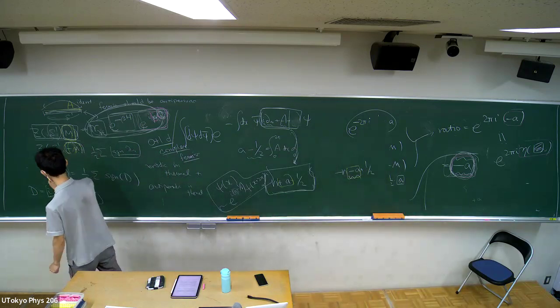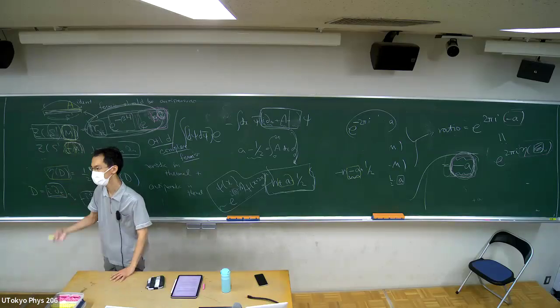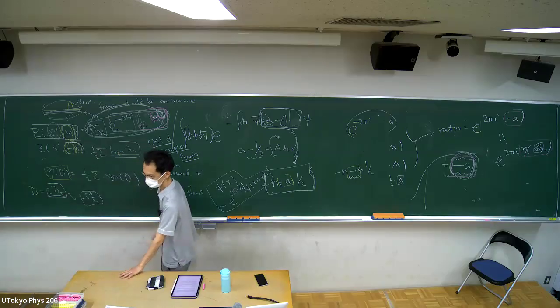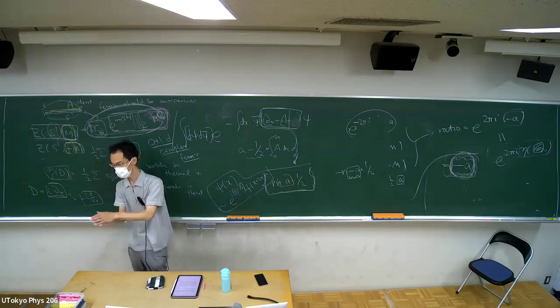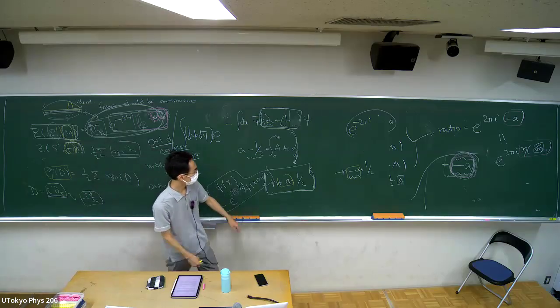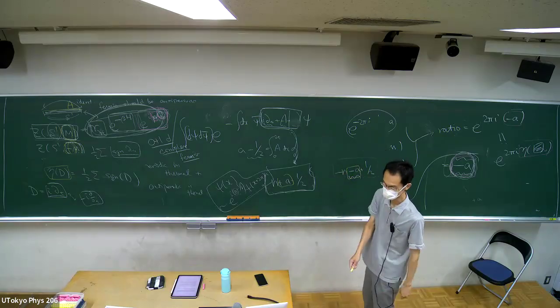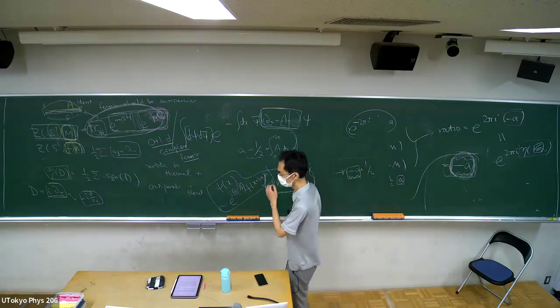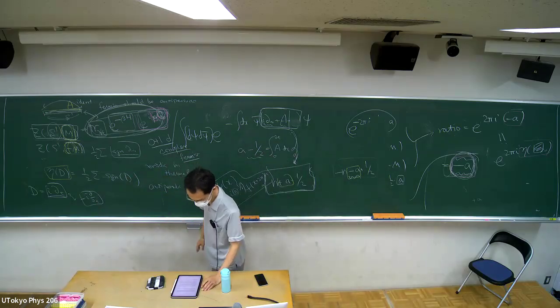In the original paper by Atiyah, Patodi and Singer, eta was said to measure the spectral asymmetry. As you just noticed, if the spectrum is symmetric, then this is 0 mod 1. So this eta is the measure of the spectral asymmetry.